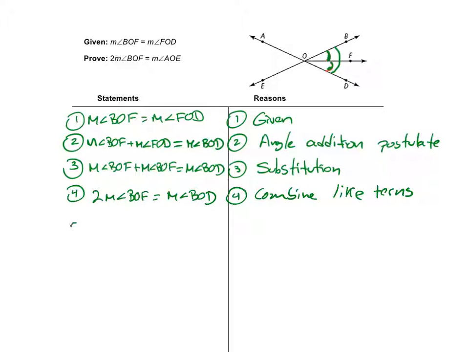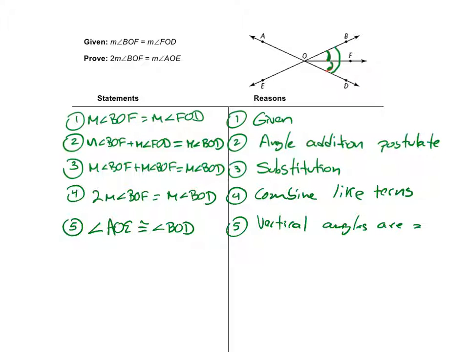So number 5, I know that angle AOE is congruent to angle BOD. Why? Because vertical angles are congruent. Vertical angles are congruent.